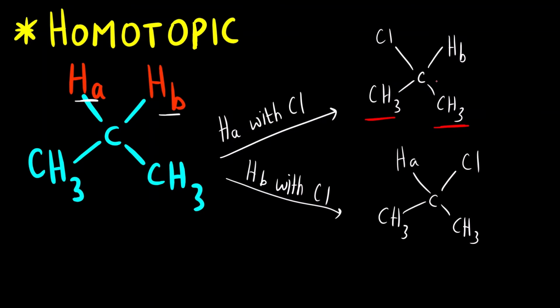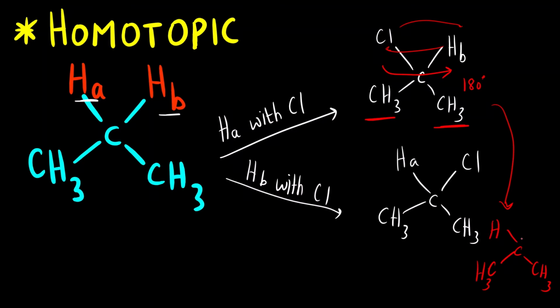So what will happen is, if I rotate this molecule out of plane by 180 degrees, I invert or flip the molecule, I will get the same compound, the second one. This Cl will come on the right and this HB will go on the left.